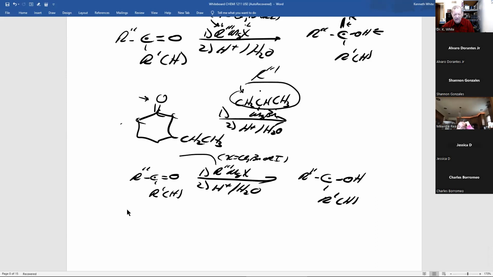And then remember, this goes here, opens it up, and then you put a proton H on there, and you make that very special thing, a carbon-carbon single bond. And the bond from carbon to the R triple prime is to the carbon in the Grignard with the MgX.